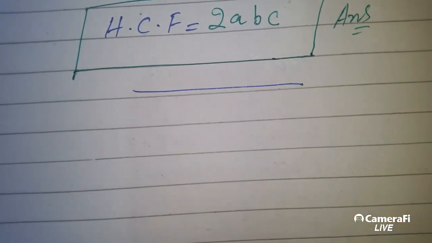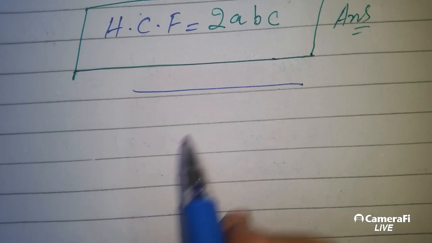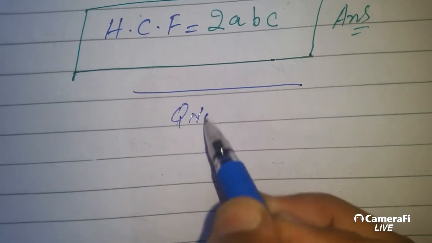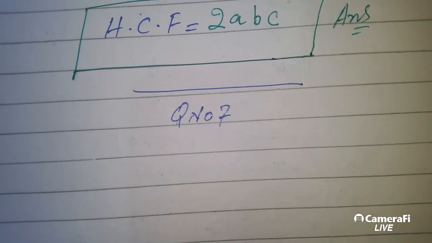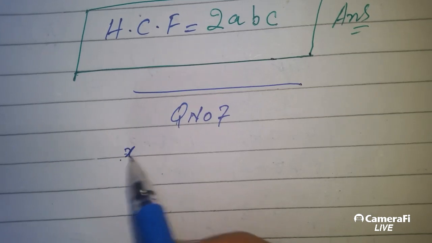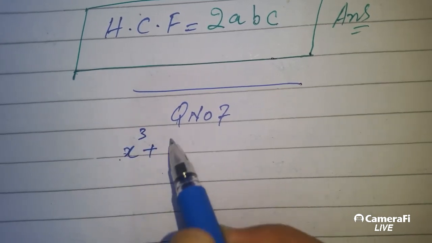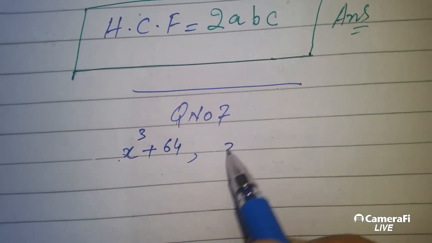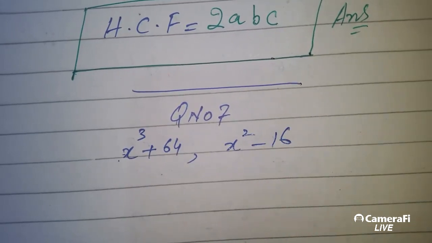Next question that I have is question number 7. Now the questions are a bit different. x raised to power 3 plus 64 and x square minus 16.